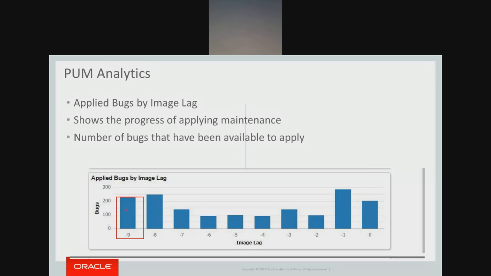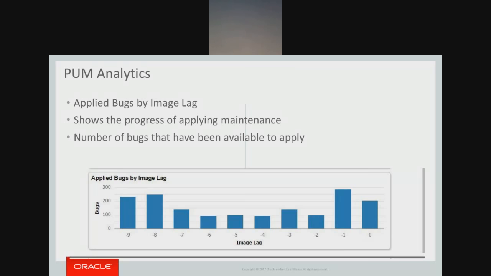So you'd be at a -9 for about 220 quote unquote bugs. So that's what your lag would be for the number of items based on the current image that you've fully implemented. So hopefully I didn't botch it up too much.